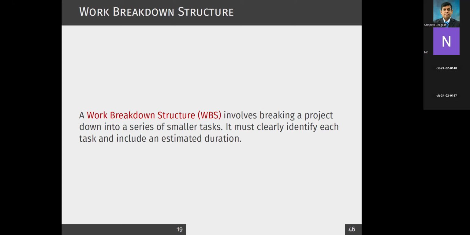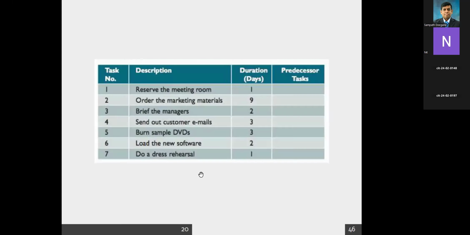We have to be very specific about who does that, and also the time and the cost. Now, let me give an example here. You can see there are 7 tasks. You have descriptions and then rough estimates of days.